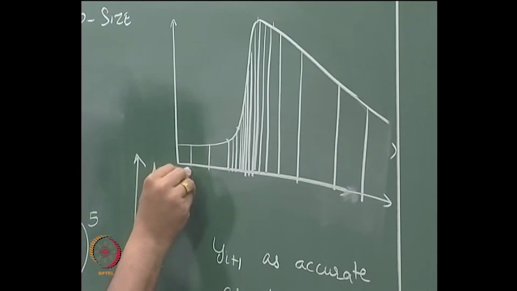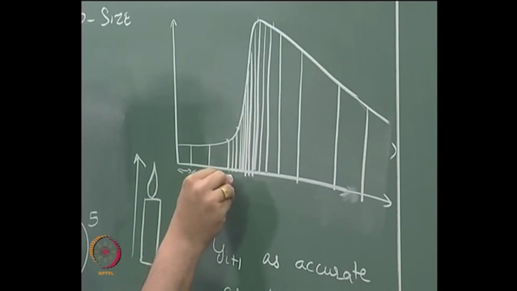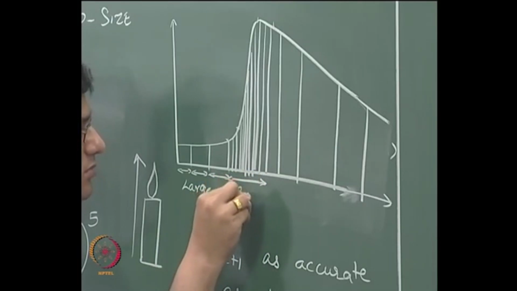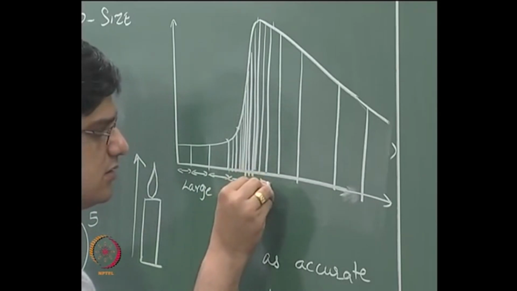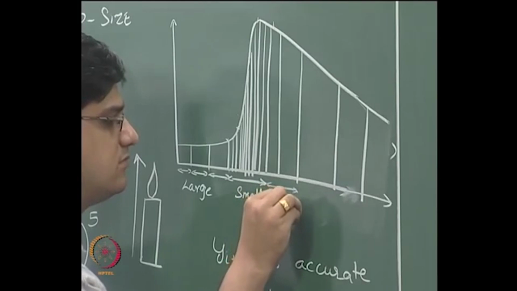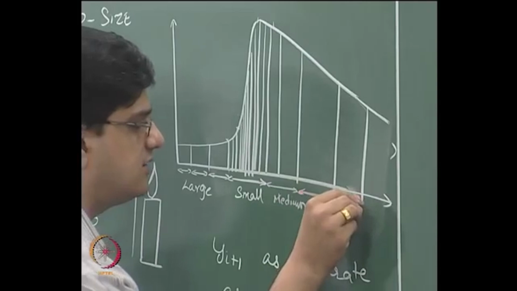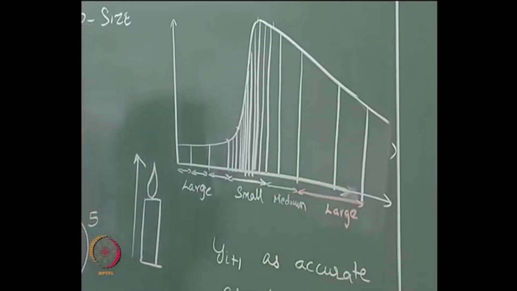So the h over here are large, in this region the h's are small. In this region the h sizes will be medium, and finally in this region the sizes of h will be large again.